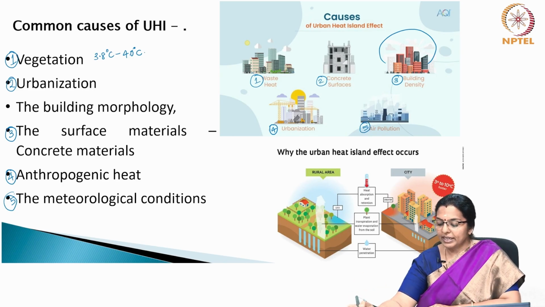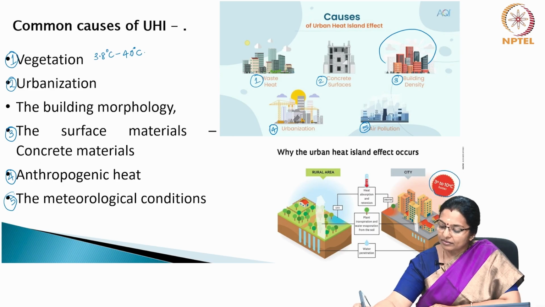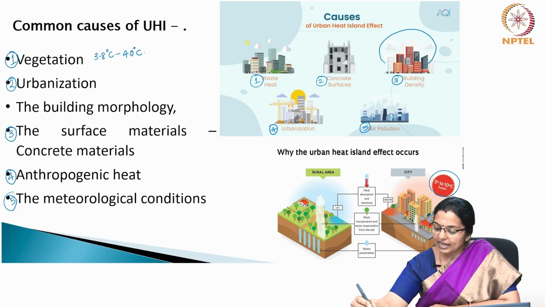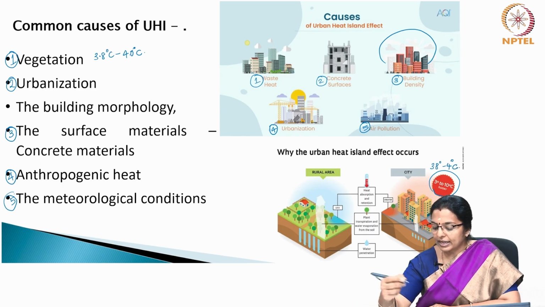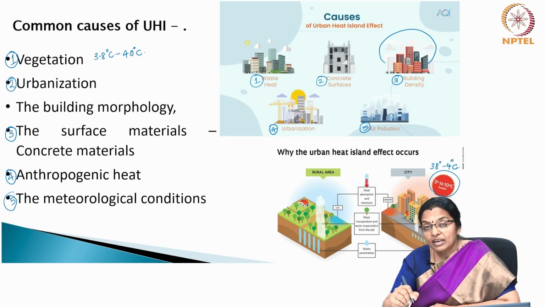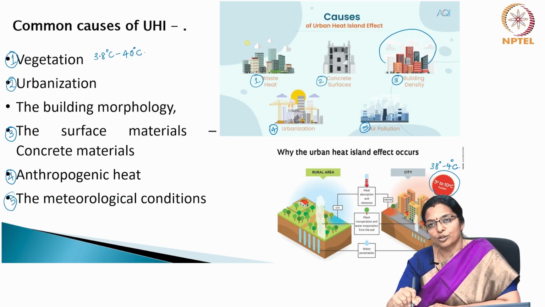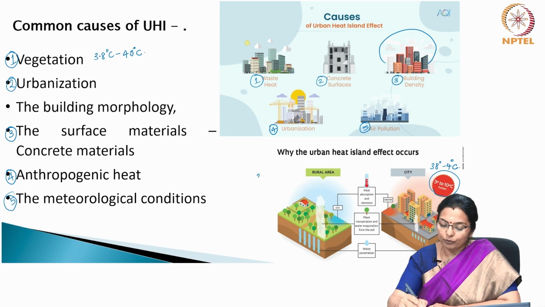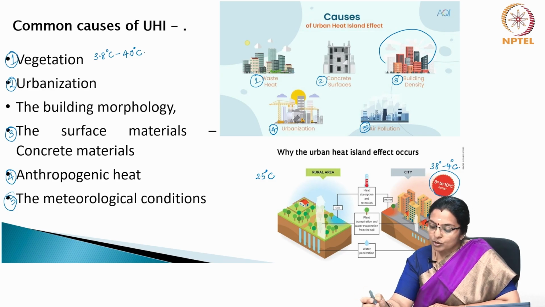And why does the urban heat island effect even occur in cities? It is a known fact that cities are 3 to 10 degrees hotter. Studies in India have shown that Indian cities are about 3.8 degrees to 4 degrees centigrade hotter than the rural areas. Even amongst certain pockets of the city, there is a difference of about 2.5 degrees centigrade between one part of the city and another part.